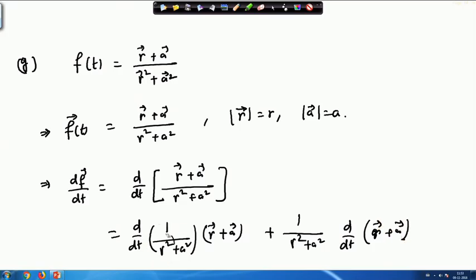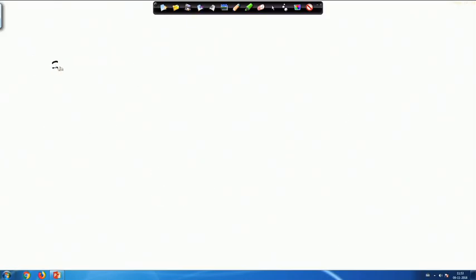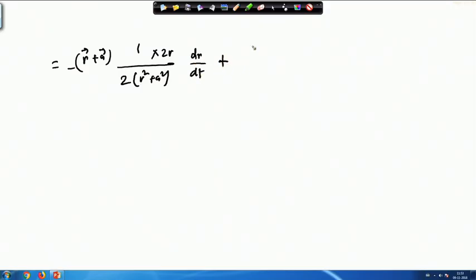When we differentiate this one, it will be minus 1 by 2 times r square plus a square, and then 2r dr/dt, plus r square plus a square. Then we will have dr vector/dt, and the derivative of a constant vector would be 0.